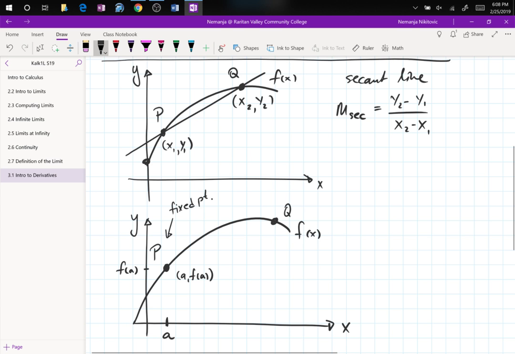Now your Q, remember, Q is the one that moves. So its x coordinate must be x, because it's supposed to take on all of the values as it travels towards P. So this x goes to a. See that? x goes to a. That's nice, right?